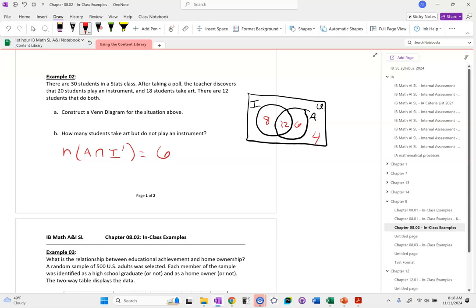We have to write it out. You could write it in words, that would have been fine. The part that's in art but not in I is that piece, which is the 6. I won't ask you to translate words into sets, but it's a useful skill to be able to read it both ways.